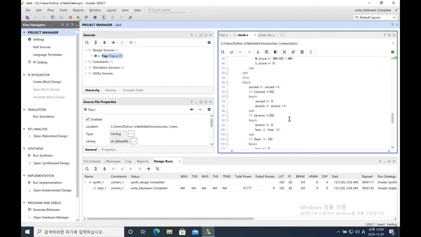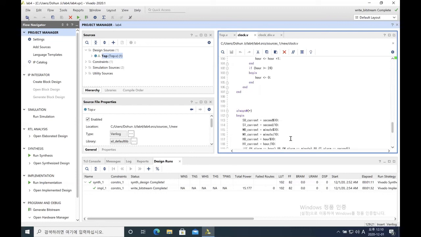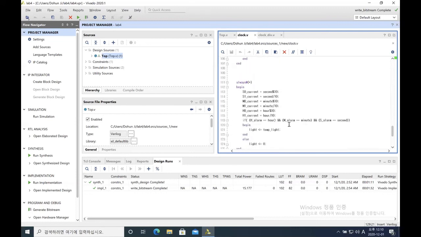And if else, then we just created basically the clock functioning. So every second you increase second by 1, and then if second becomes greater or equal to 59, then increase minute by 1 and set second as 0, and so on.